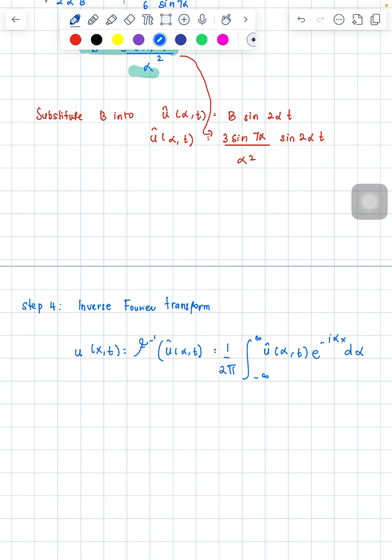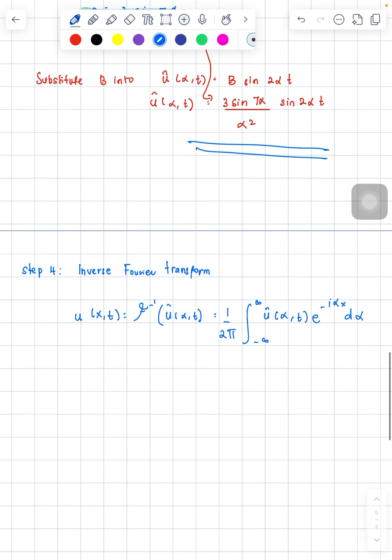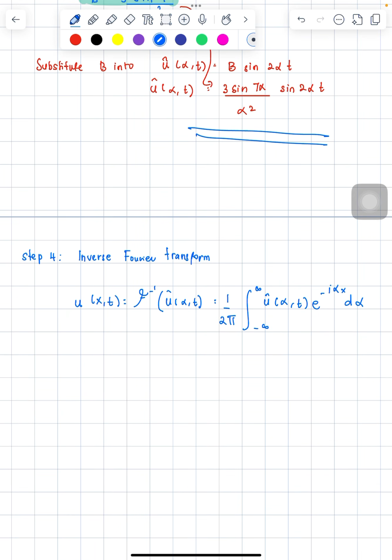You can substitute u hat(alpha, t) with what we got from here, so 3 over 2 pi, the integral of 1 over alpha square sine 7 alpha sine 2 alpha t e to the negative i alpha x d alpha from negative infinity to infinity.